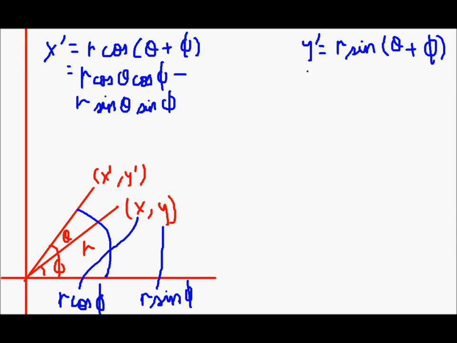And over here we'll have y dash is equal to r times sin a plus b, which is sin a cos b plus cos a sin b. So this will be r sin theta cos phi plus r cos theta sin phi.